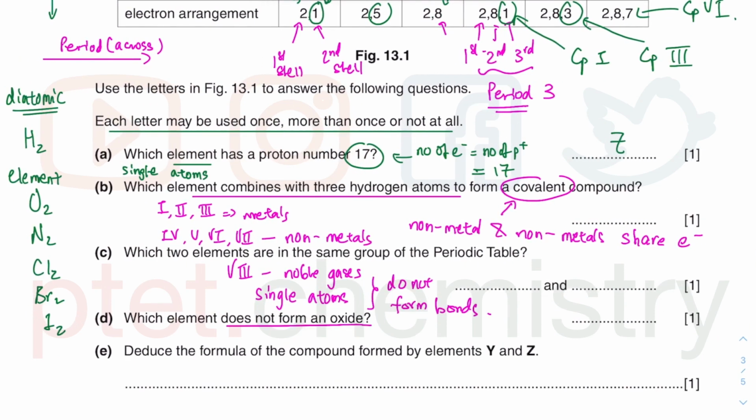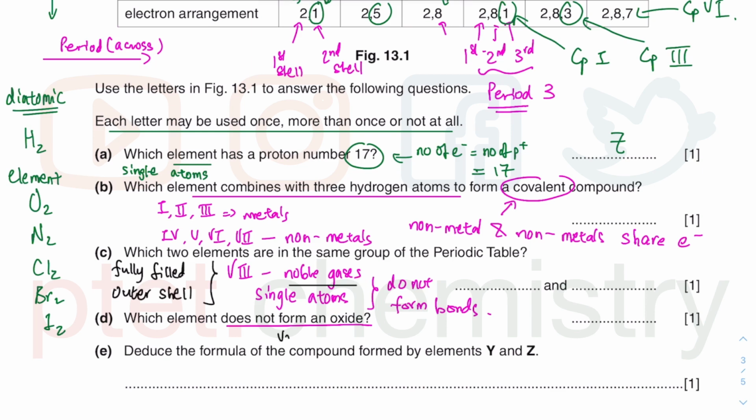Does not form an oxide, meaning it doesn't form any bond with oxygen at all. And that has to be the noble gases because they already have fully filled outer shells. So I remember a while back when we did chemical formula, we talked about valency.